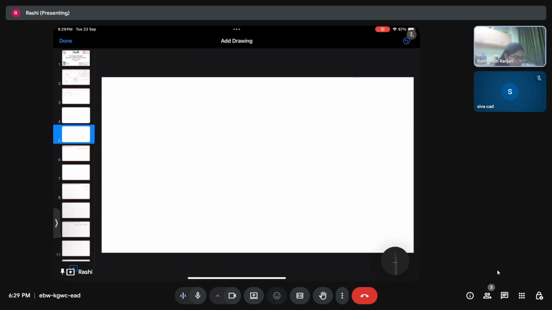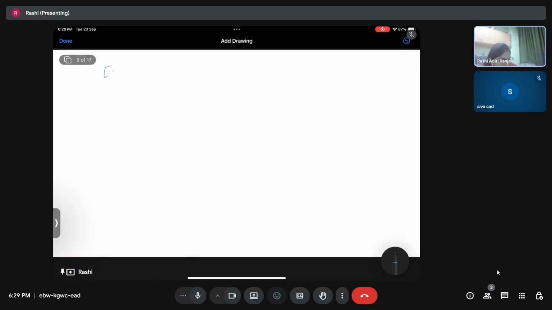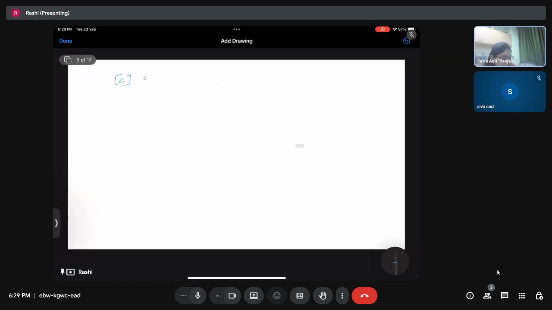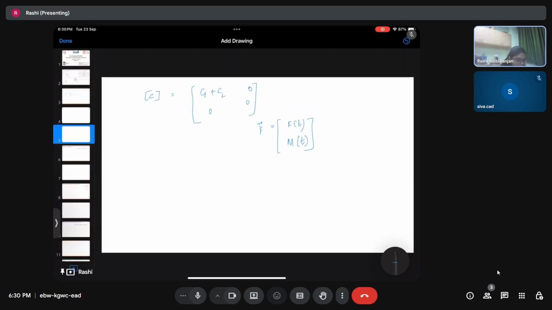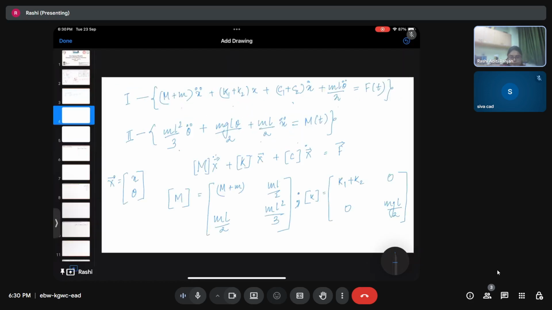Anyways, we can write the C matrix as C1 plus C2, 0, 0, 0, and F as a vector, F of t, M of t. So this is the way in which we write our multi-degree of freedom system's equations in a single equation by the use of matrices.